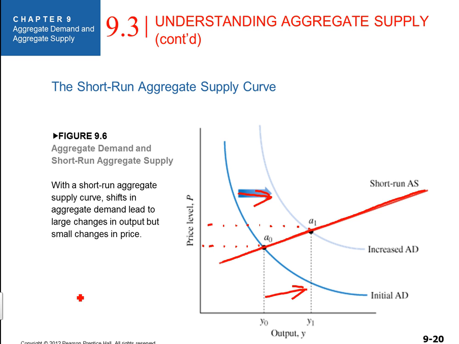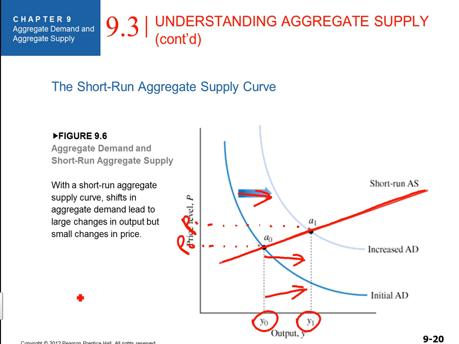They're sticky, so they're not going to go up a lot, but there might be a small increase in price level. But it's also matched by a much larger change in output from Y0 to Y1. And obviously, the flatter the aggregate supply curve is, the more change in output you're going to have and the less change in price.